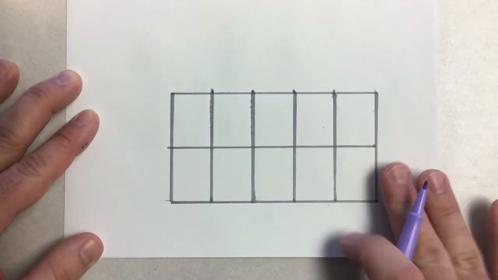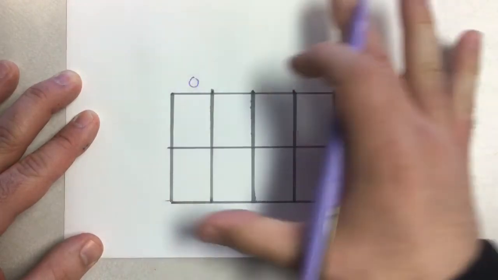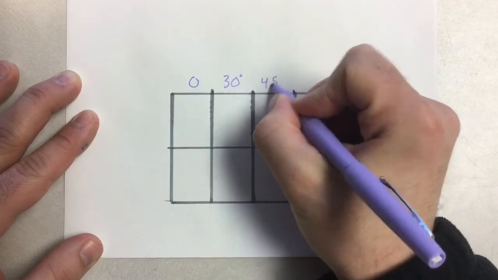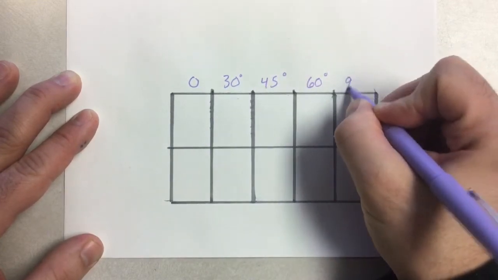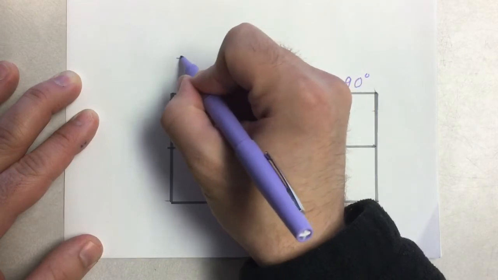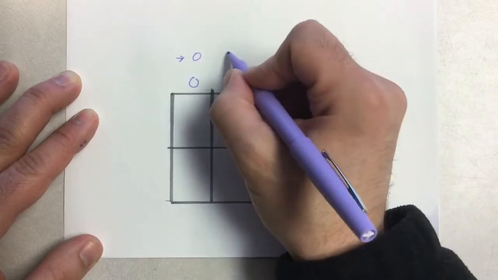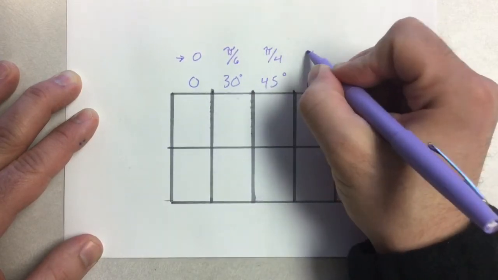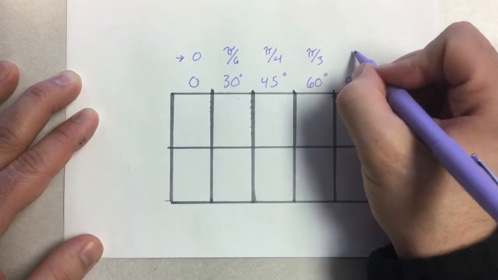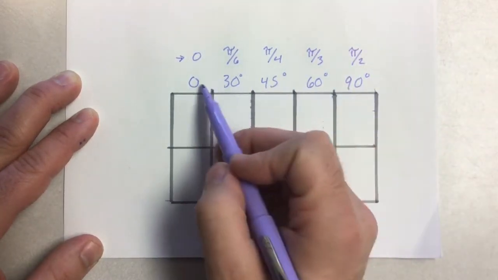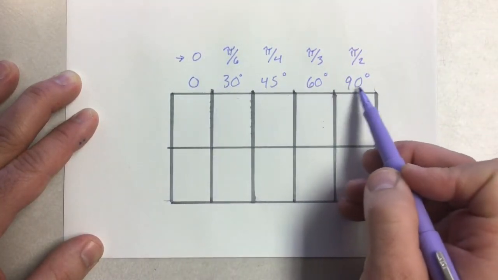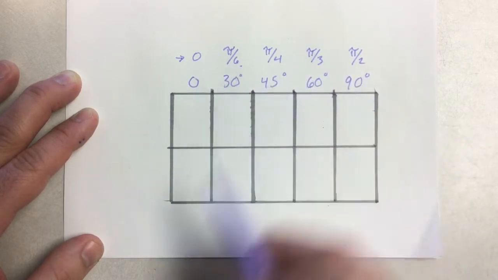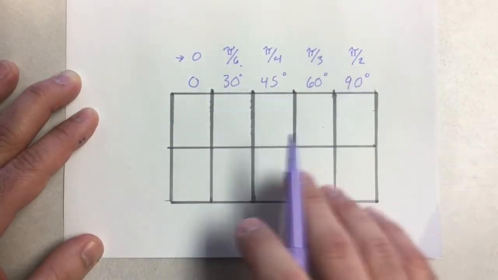I have this table, and on it I'm going to put, in degrees, 0, 30, 45, 60, 90, and above that we can put our radians: 0 radians, pi over 6, pi over 4, pi over 3, and pi over 2. Something interesting is that as my angle measures increased, my denominators decreased. Just something interesting to maybe help you learn the set.